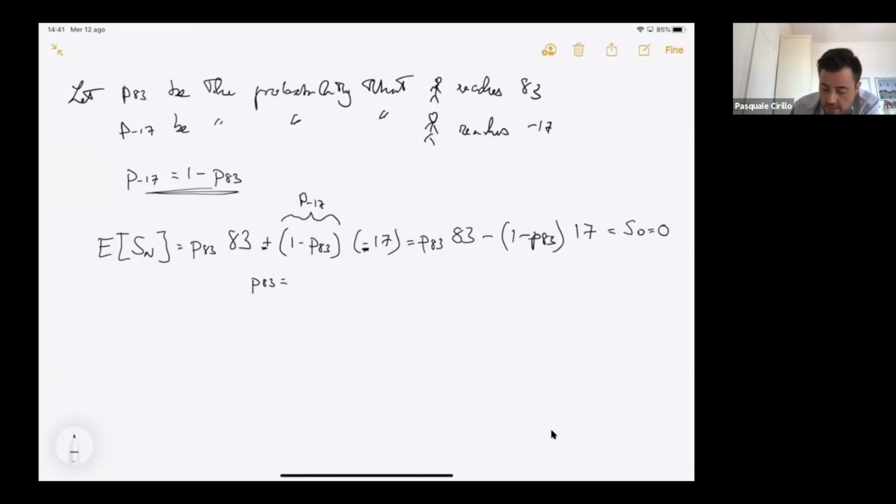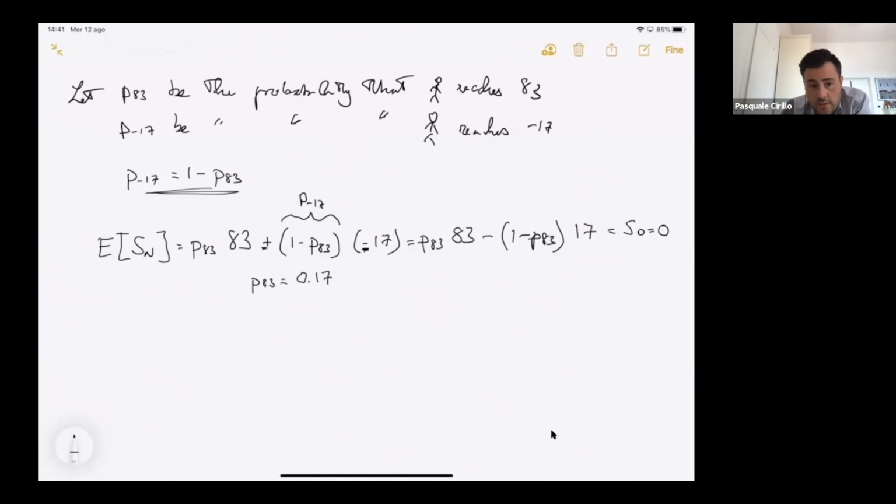So 83 plus 17 is 100, so 100 P83 equals 17. If you solve for that, the probability is 0.17. And P83, remember, is our probability of escaping from state 83. So we have just solved the first question.